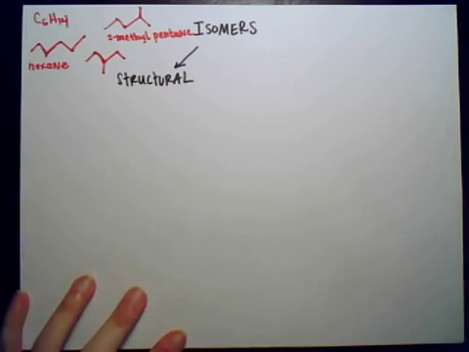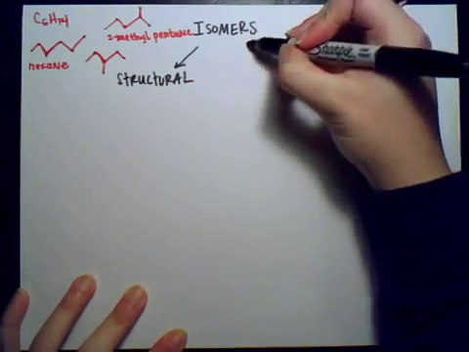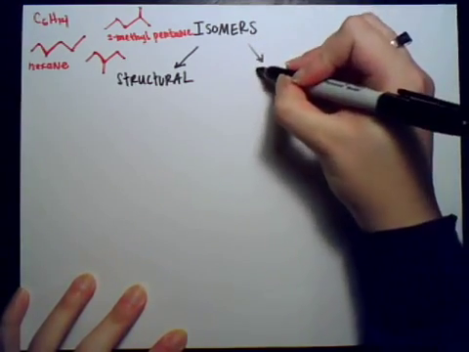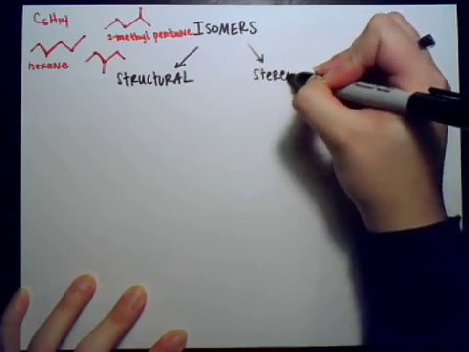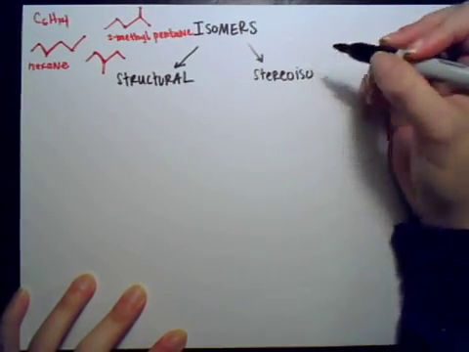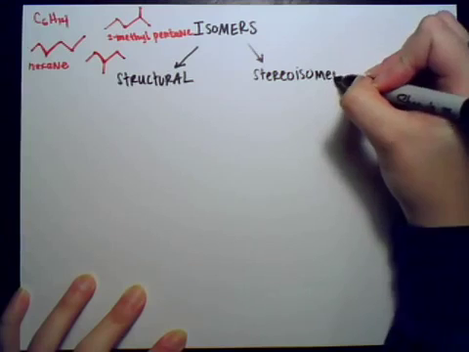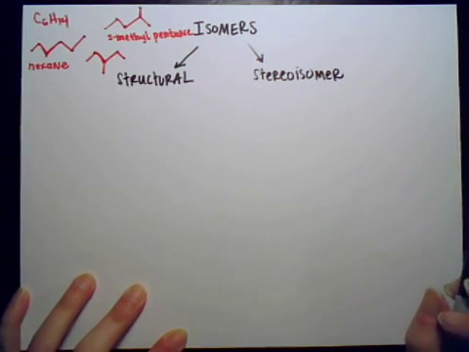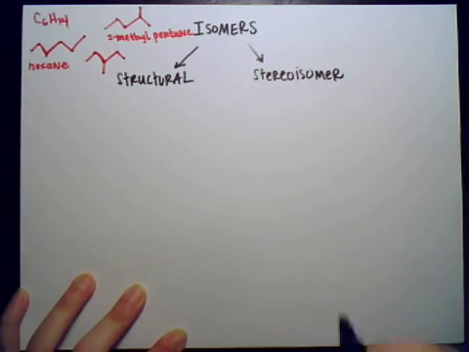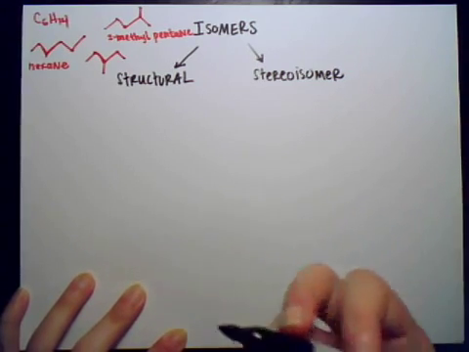The other kind of isomer that we have is a stereoisomer. Stereoisomers have the same molecular formula and they are connected in the same fashion, but they differ spatially.